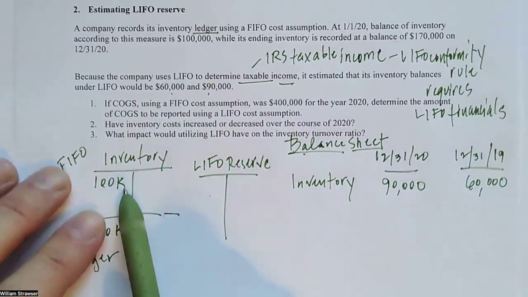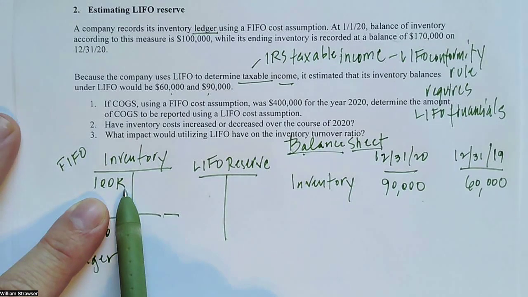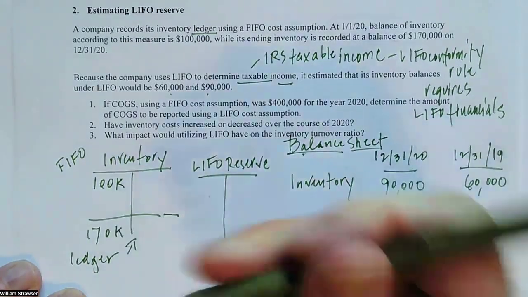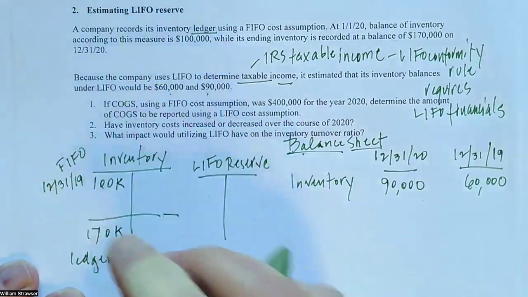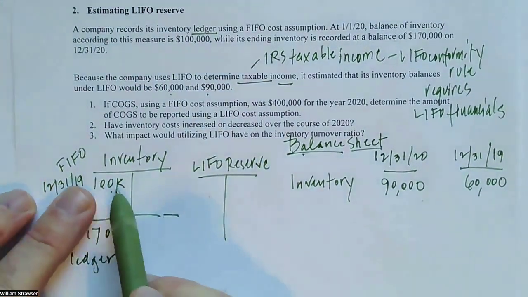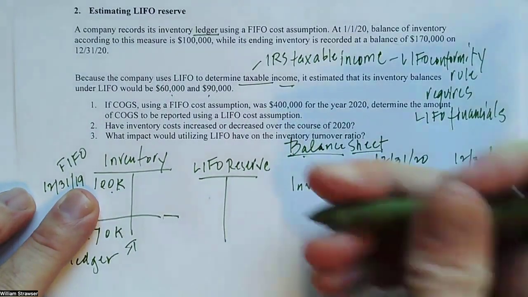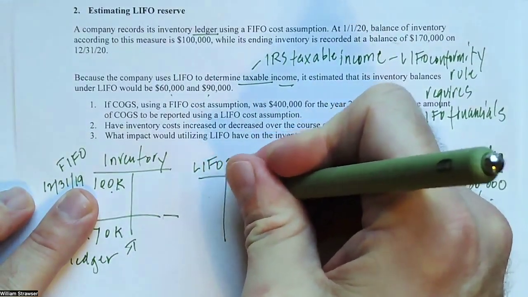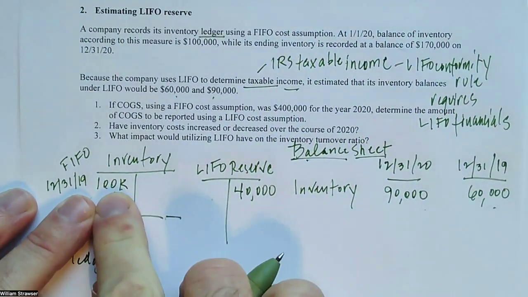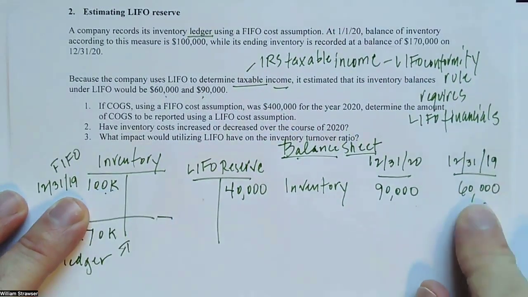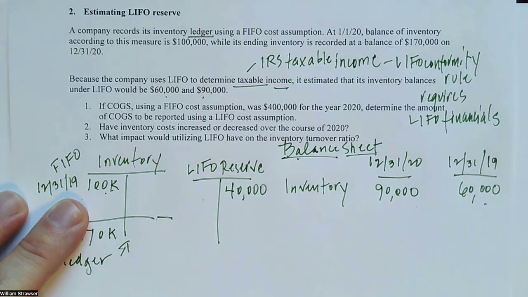So instead of reporting 100,000 for the beginning of the year inventory or the end of the prior year, 2019, 100 becomes 60 because there's a $40,000 contra balance in this account that would be subtracted from 100 when we present on the financial statement.